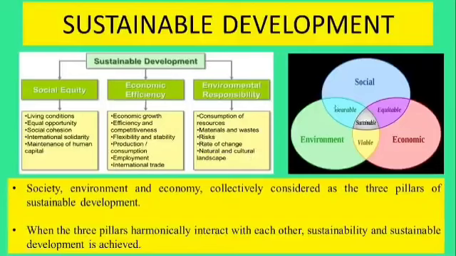So sustainable development could be attained only when there is an overlap between social, economic, and environment dimensions. So society, environment and economy collectively considered as 3 pillars of sustainable development. When these 3 pillars harmonically interact with each other, sustainability and sustainable development is considered to be achieved.